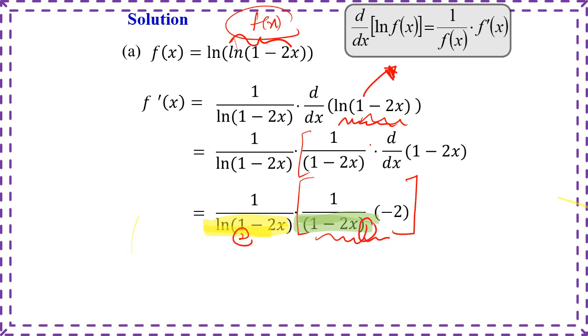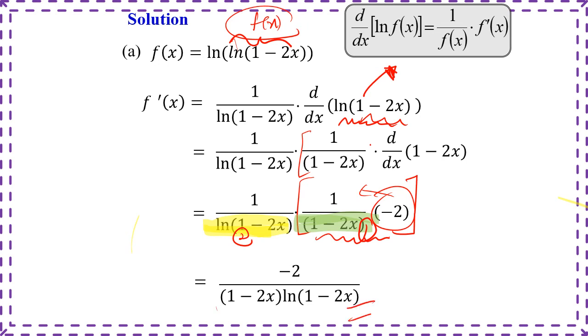So for the final answer, this negative 2 will be at the top. So minus 2 divided by 1 minus 2x in a bracket multiplied by natural log of 1 minus 2x. Okay, so this is our final answer for question A. It's like an inception, log inside a log. So you have to be careful and be patient.